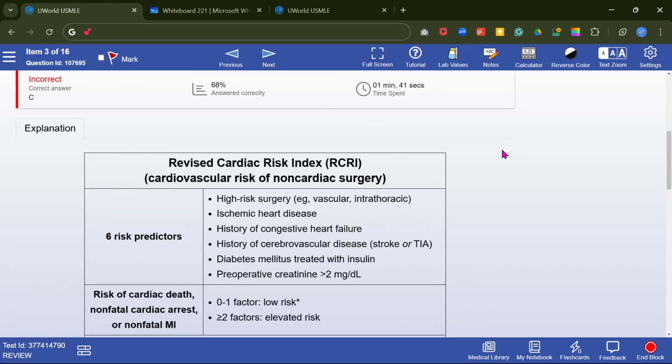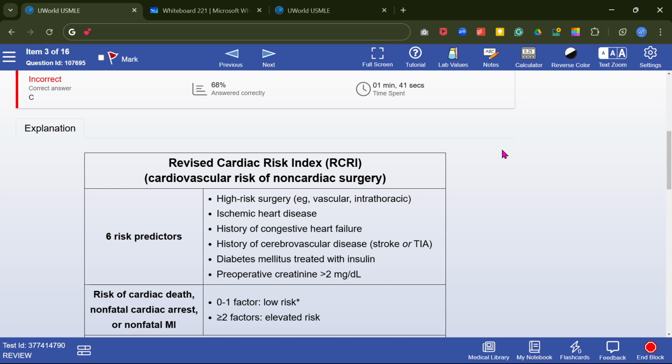So the revised cardiac risk index, cardiovascular risk for non-cardiac surgery: high risk surgery like vascular or intrathoracic surgery, history of ischemic heart disease, history of MI, history of CHF, congestive heart failure, history of cerebrovascular disease, stroke or TIA, diabetes mellitus requiring insulin, and preoperative creatinine more than 2 milligrams per dL.